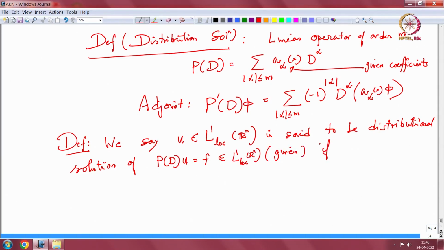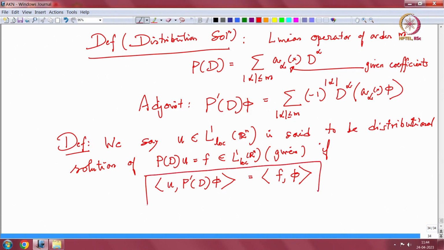If it satisfies the following: the action of u, a locally integrable function, P prime of D phi, is equal to the action of f on phi.